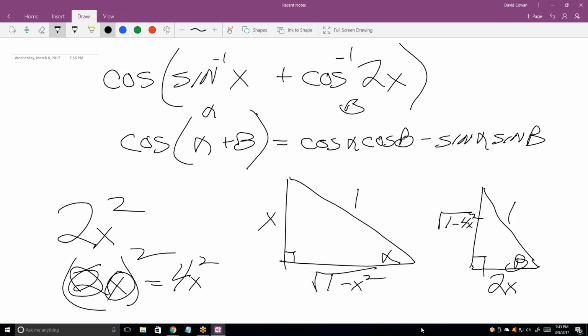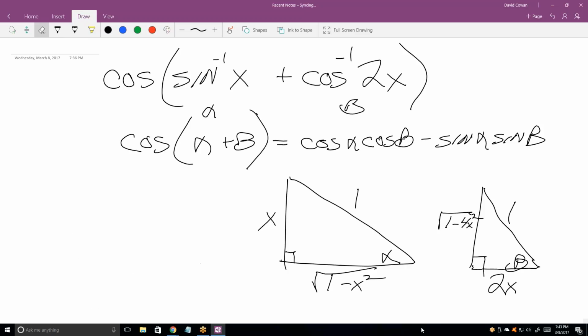So now we have our two triangles, and that's going to allow us to answer each of these. What's the cosine of alpha? The cosine of alpha is square root 1 minus x squared over 1. Which I can write like that. What's the cosine of beta? Well, we know that's 2x, right? I don't have to do any math to figure out the cosine of beta.